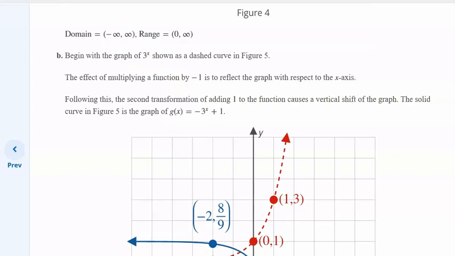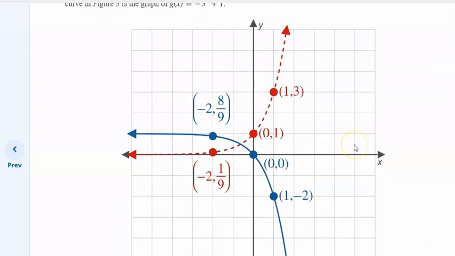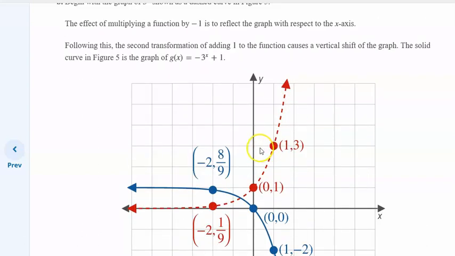Now in example B, we start off with plotting 3 to the x power, which is our red dotted line. Now, the base 3 is going to be negative. So instead of this going upwards, as we see here, starting low and going up, it's going to start at a certain level and go down, but we're also shifting it up 1.